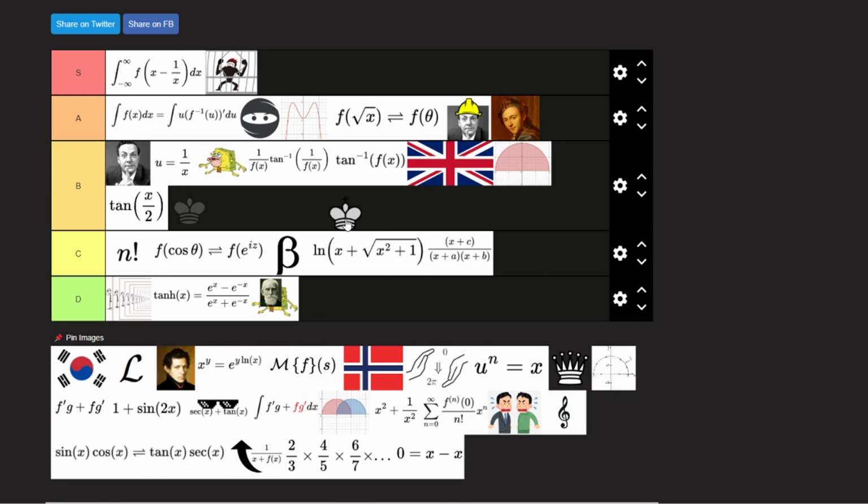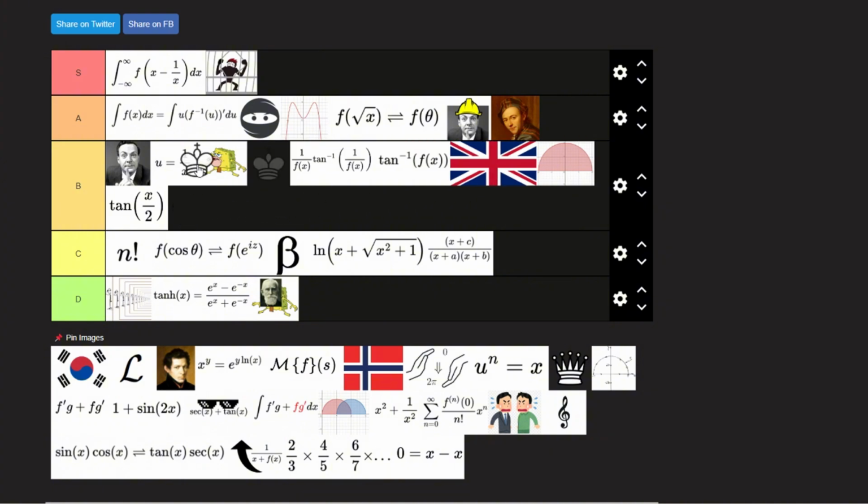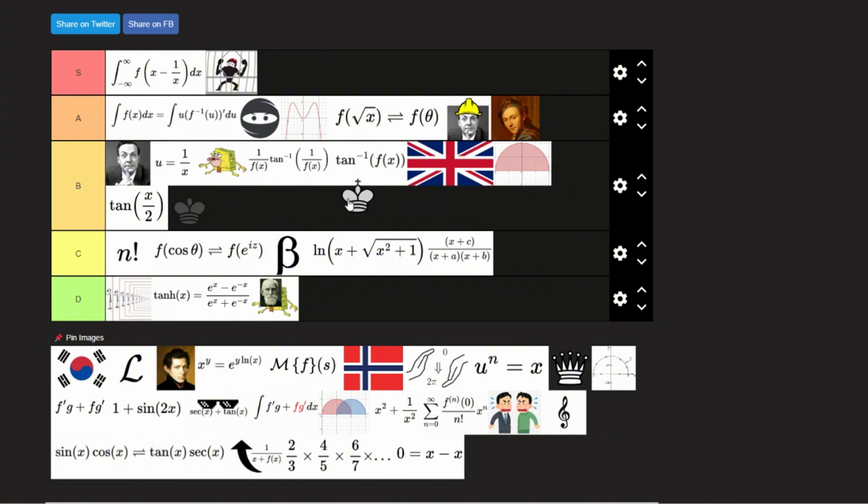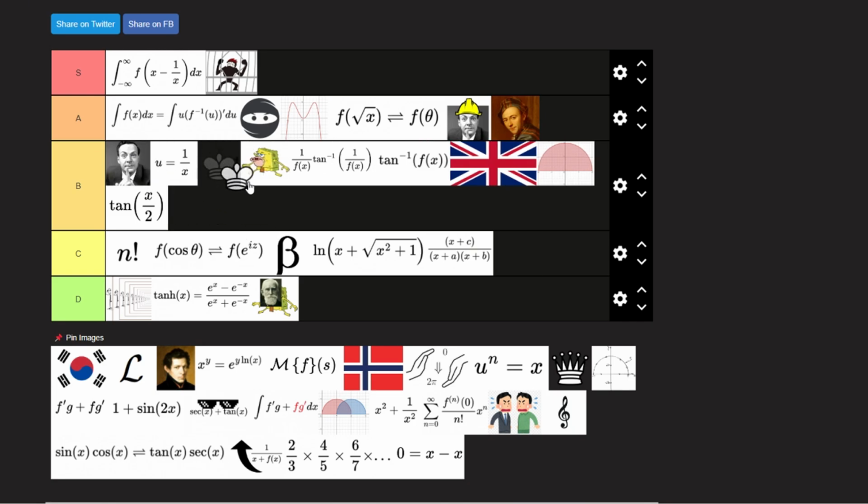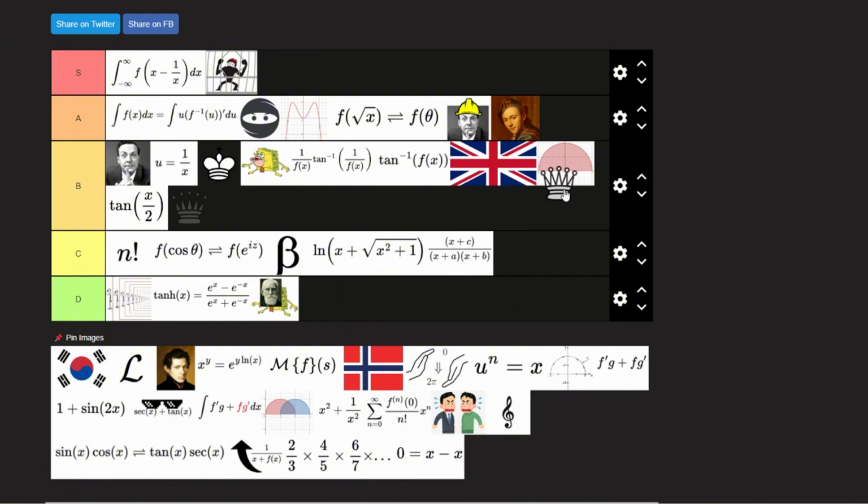King's Rule. King's Rule, it's nice. But is it the coolest? Probably, I'll put it up here. Queen's Rule, I would probably put here, next to Advanced Trig-Substitution.